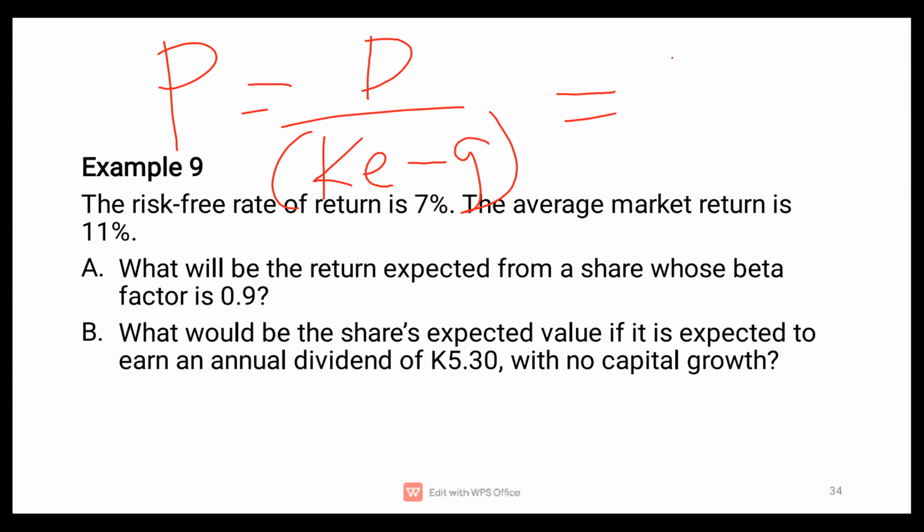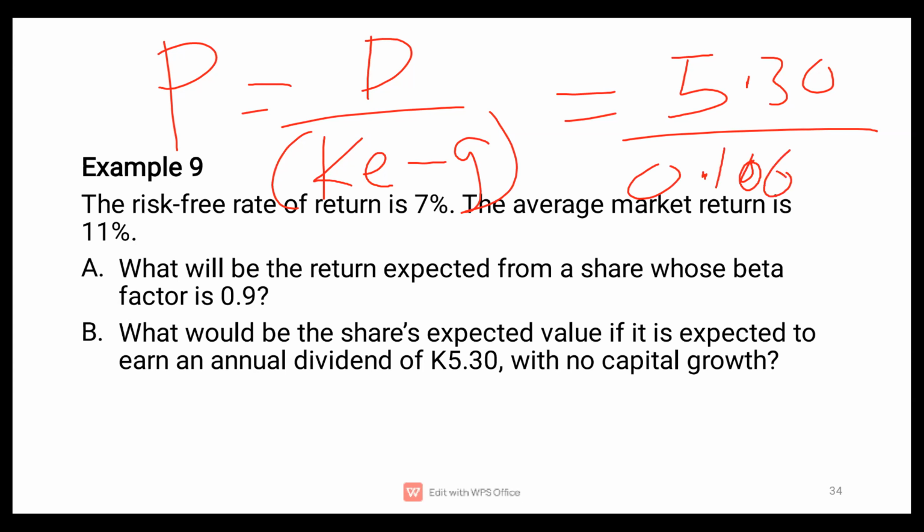The dividend is given as 5 kwacha 13 ngwe. That should be divided by the cost of equity. And we have found the cost of equity as what? What's the cost of equity in decimals? It's 0.106. 0.106 minus the growth rate, which is 0.